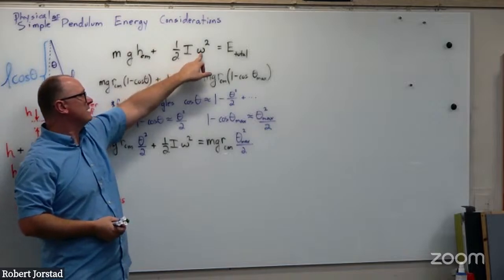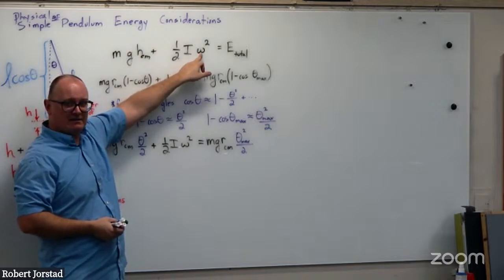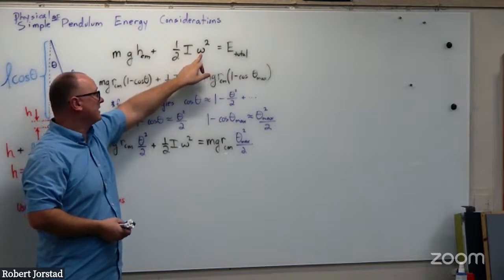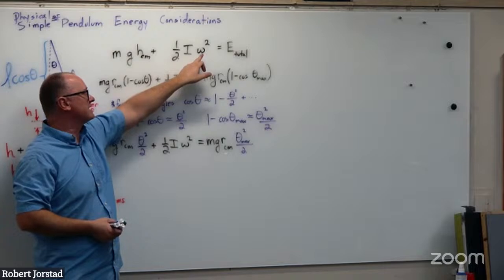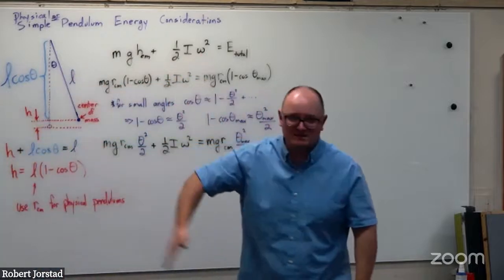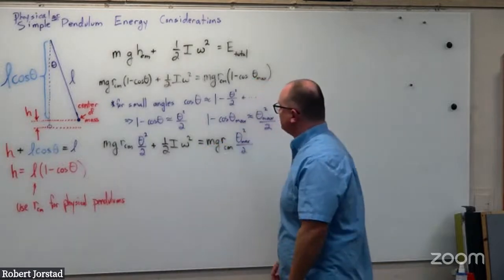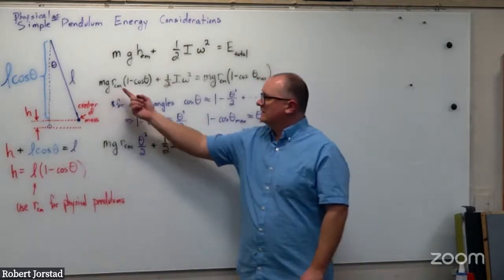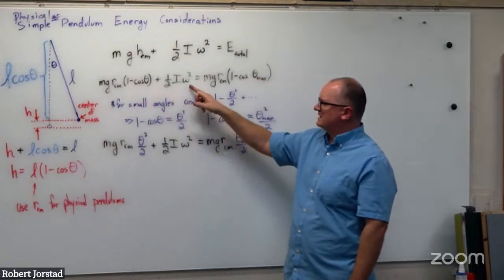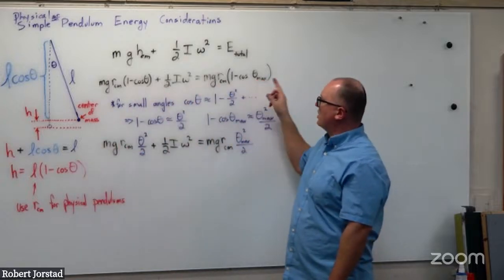This is the angular velocity of the pendulum, okay? This is not the one that relates to the period. This is the angular velocity that's some function of time, right? It's speeding up and slowing down as it swings. We see that this must hold, right? That's using this height, plus this, the energy is the total energy.